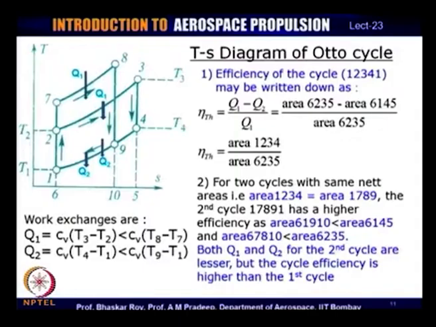Which means if you can do the heat input at a higher pressure. Now, this is the higher pressure line in the TS diagram, 7, 8 is a constant volume line, sorry. If you can do the heat input at a constant volume line, you can get a higher efficiency of the system, even if the net area is the same.